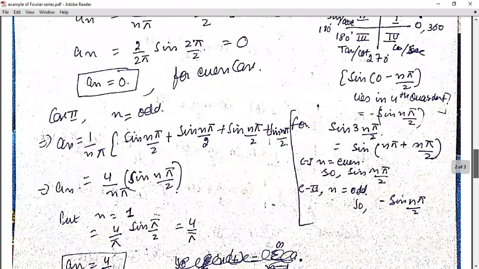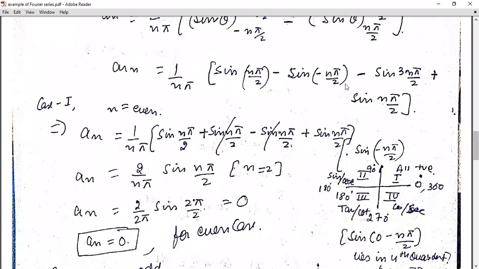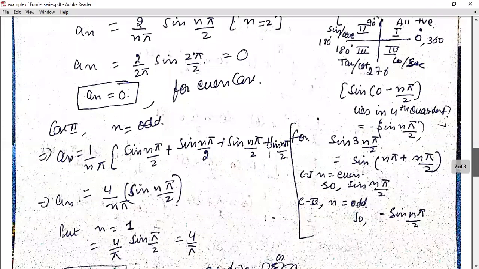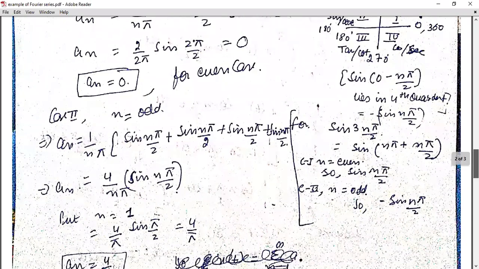So we are writing here the positive term, and for the next term we are writing again plus. It will be 3 pi by 2, that is 3 into 90, 270 degrees. So it comes in the third quadrant, and it will again become positive. So we can write it as 4 by n pi sine of n pi by 2.